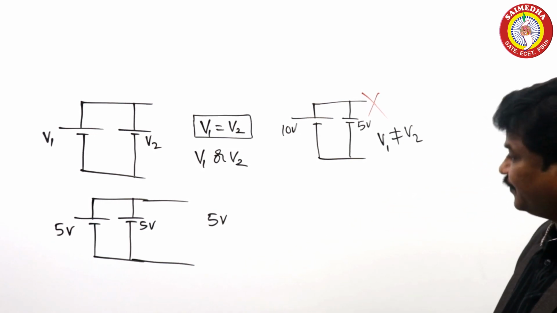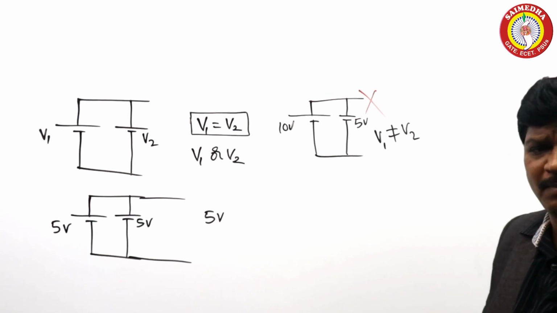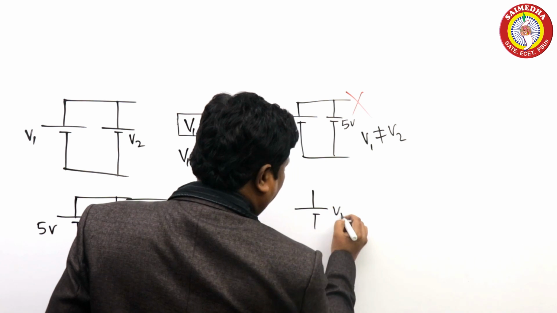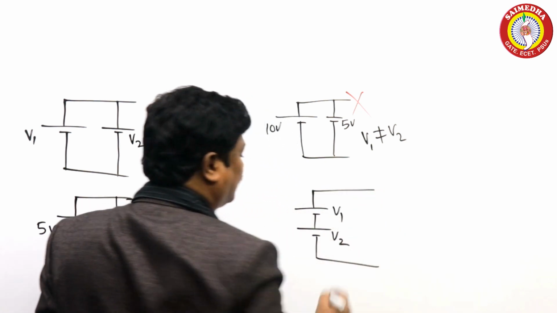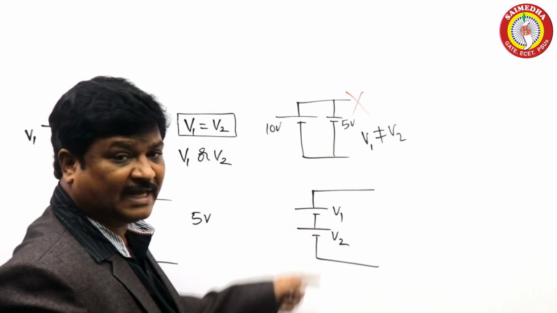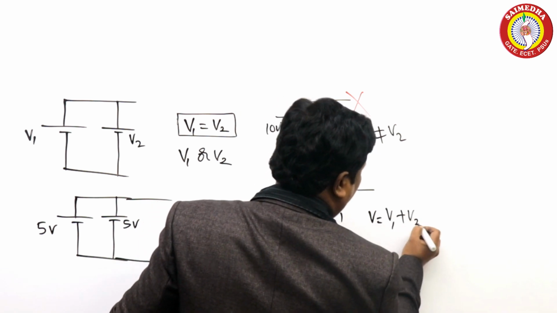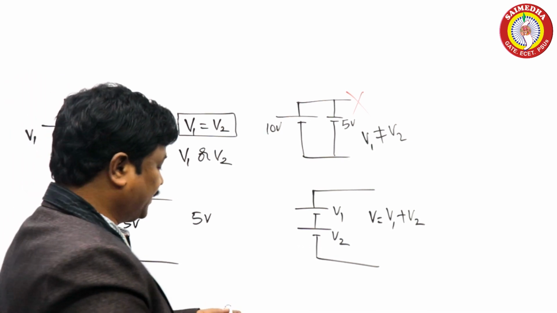Similarly, if voltage sources are connected in series, that is not a problem. If we have a voltage source of V1 here and another source of V2 here, what is the resultant? Both have the same polarity, minus to plus, minus to plus. The resultant voltage V is equal to V1 plus V2.